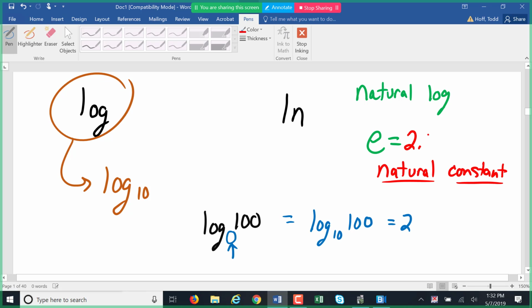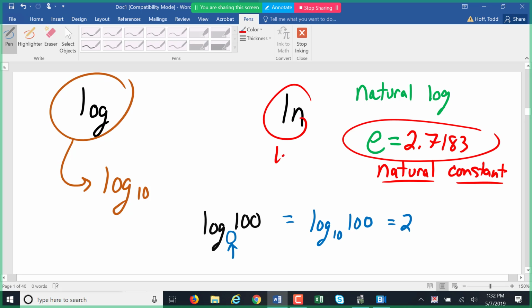Typically, we round E as 2.7183 for E. So ln of E is a log base E. The reason we use that, the reason we have a special log for it, like I said, is E tends to come into play so often.